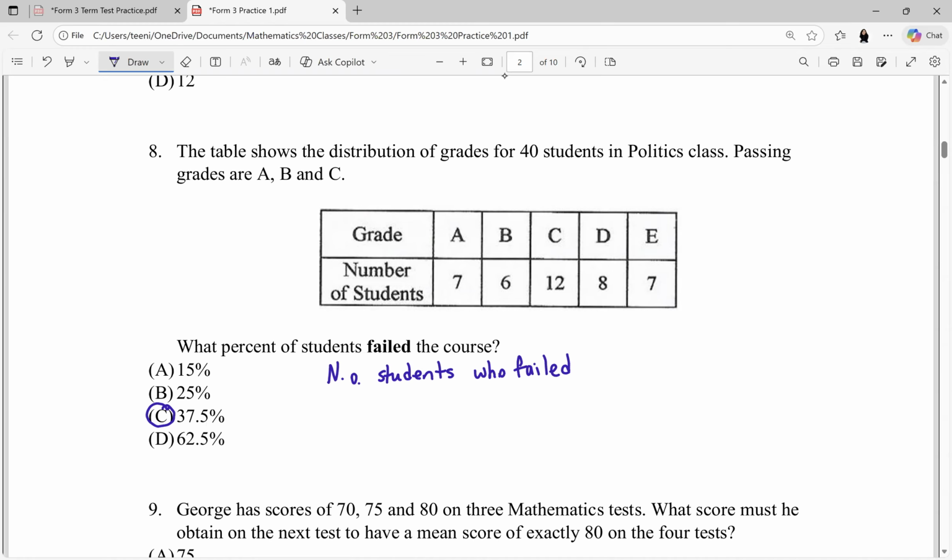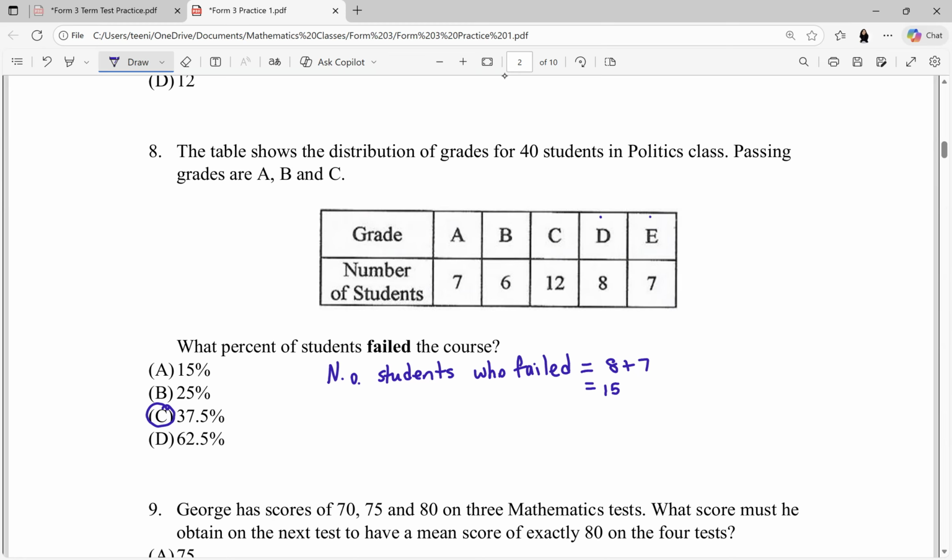Correct. All right. If you want to find the percent of the students who failed, you would first need to find the sum of the students who failed, which would be the ones who got D's and E's, since those are the failing grades, and that would be 8 plus 7, which gives you 15. So 15 students failed.